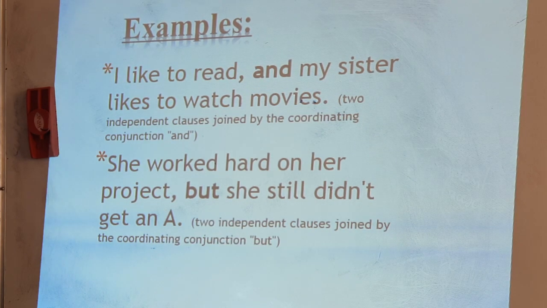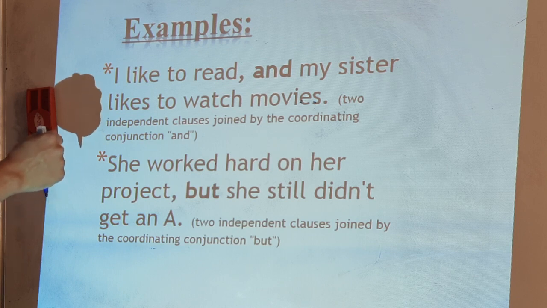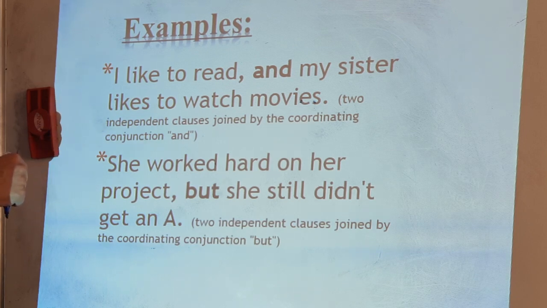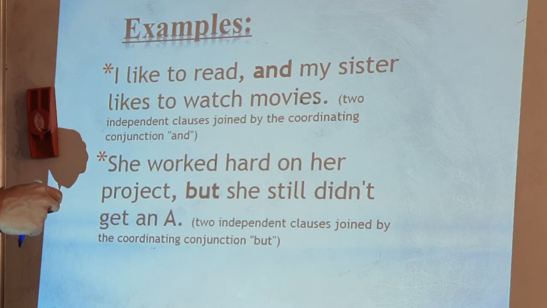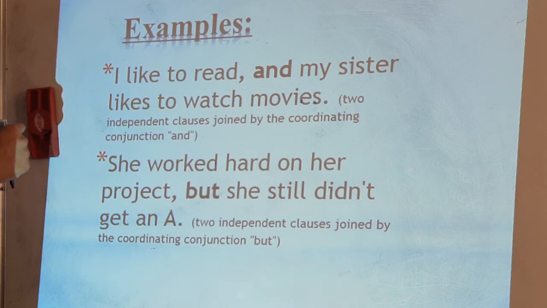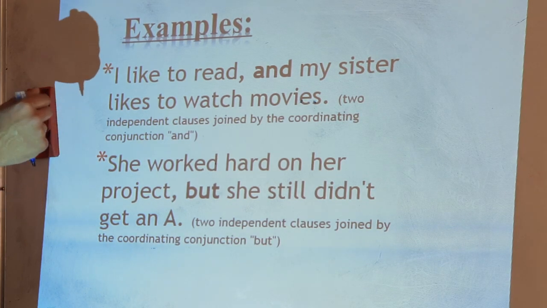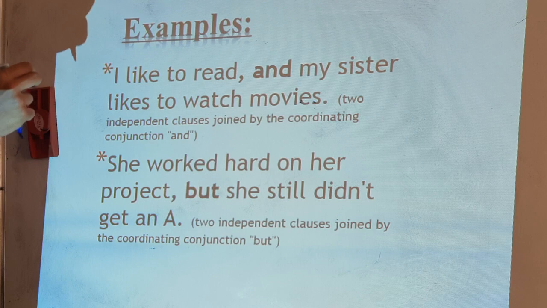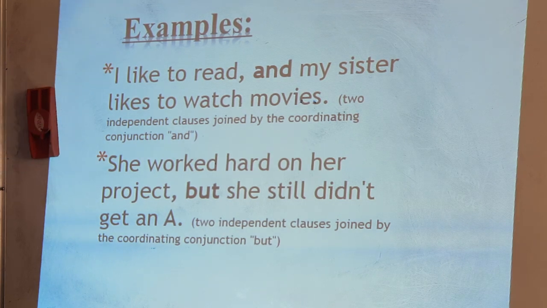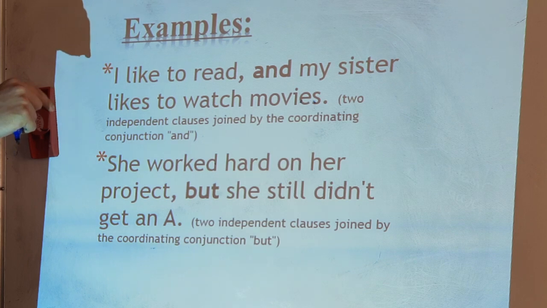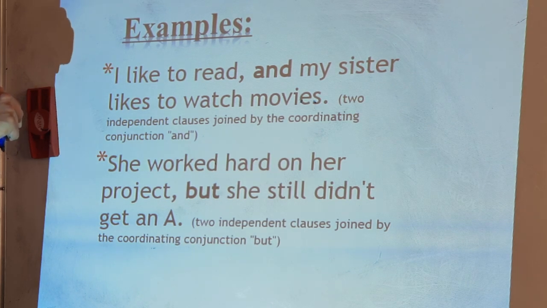I like to read and my sister likes to watch movies. So, I like to read is our first independent clause. I might ask you, does this sentence have meaning or not?